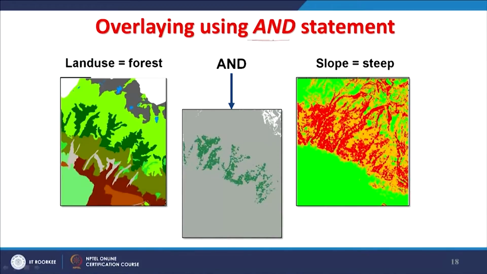If we take a real example, using this intersection statement, where land use equals forest and slope equals steep, two input maps are there: one is the land use map, another one is the slope map. An output map will satisfy these two conditions, land use equal to forest and slope equal to steep.